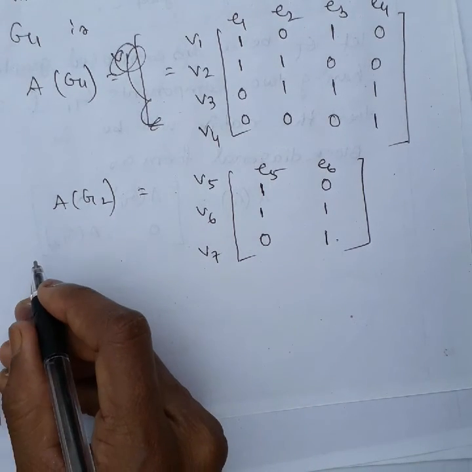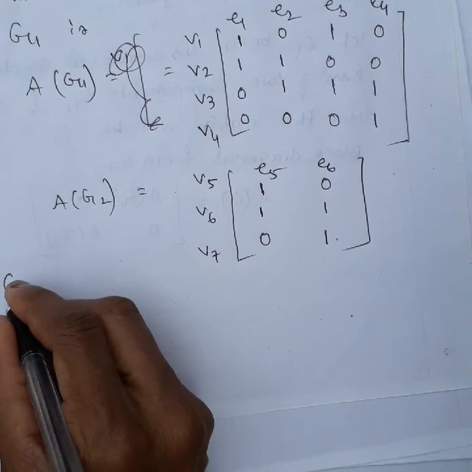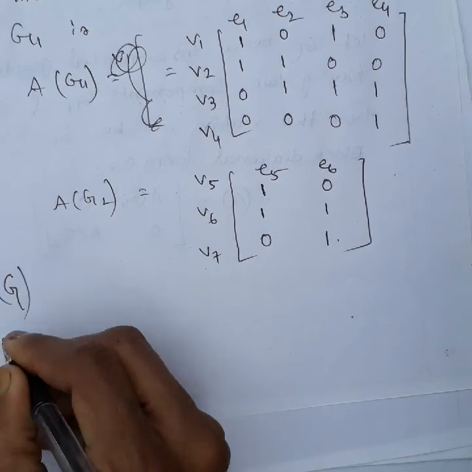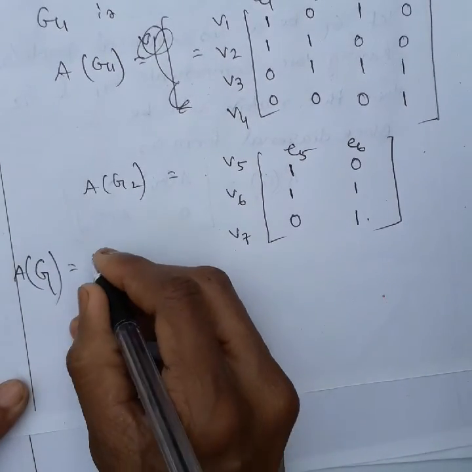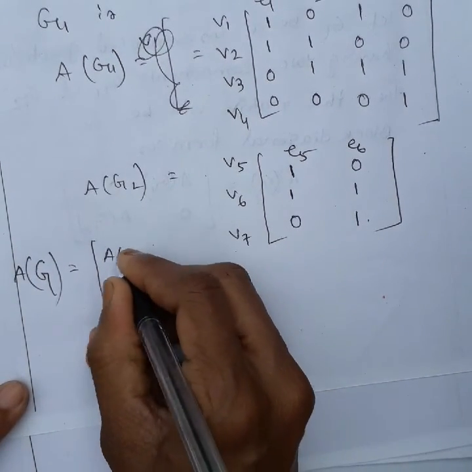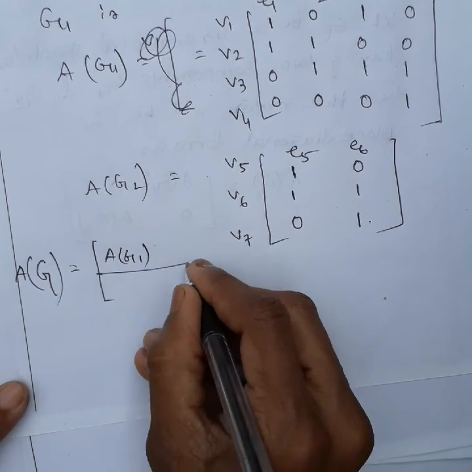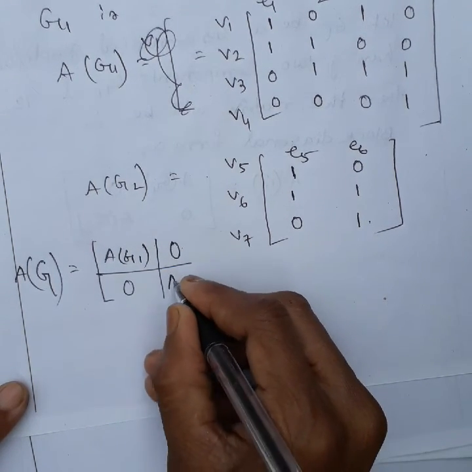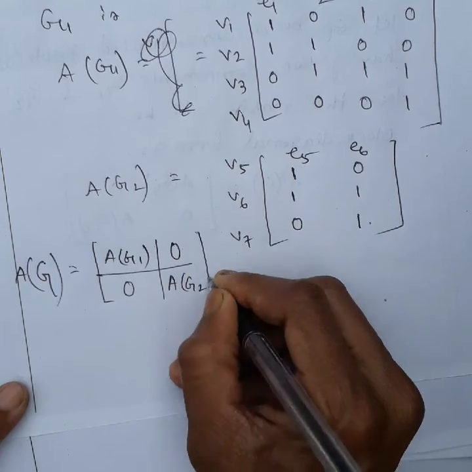Okay, so the matrix of G, that means A of G, is equal to A of G1, O, O, A of G2.